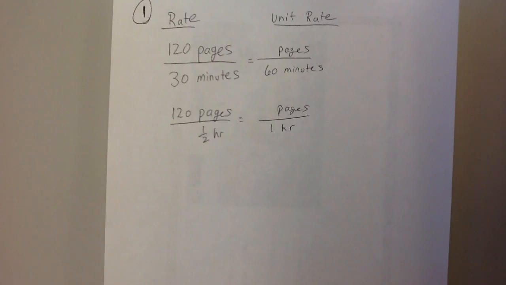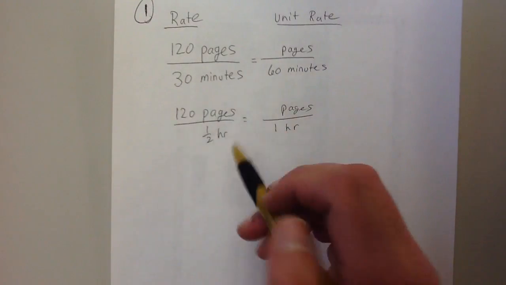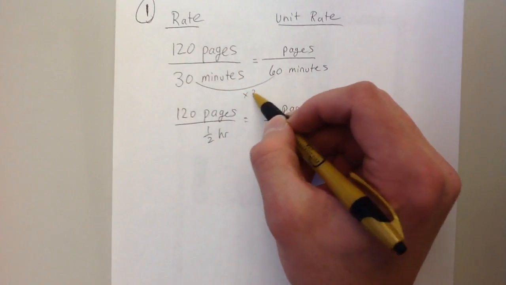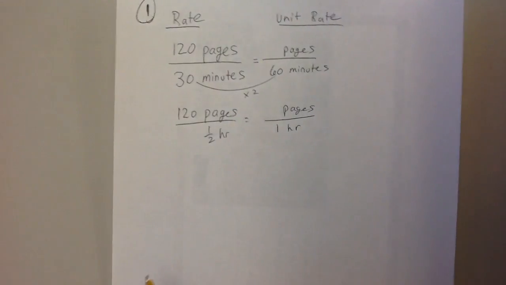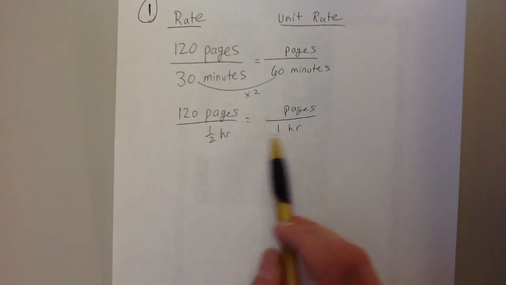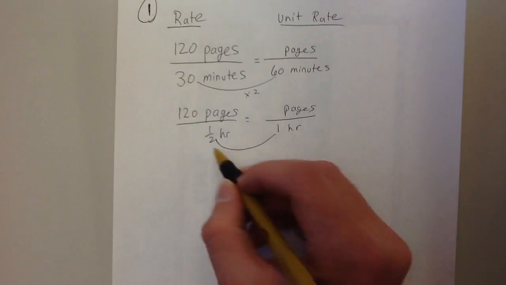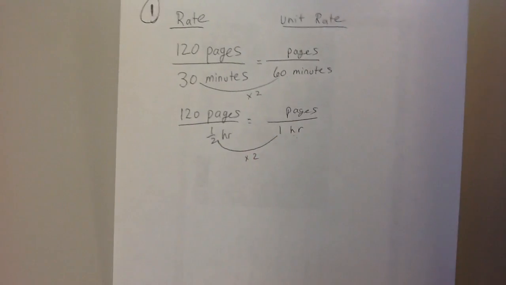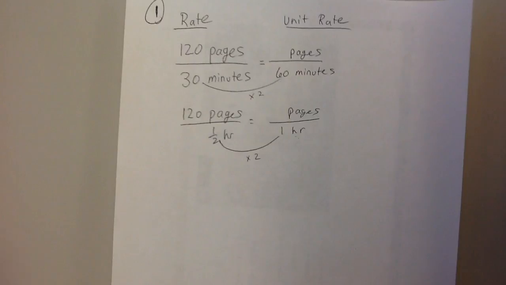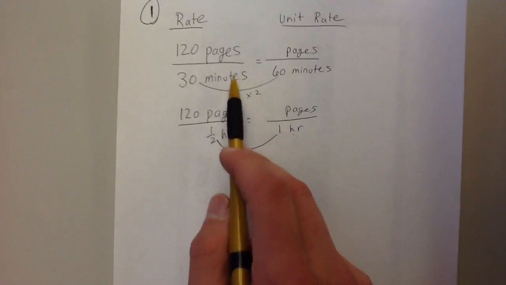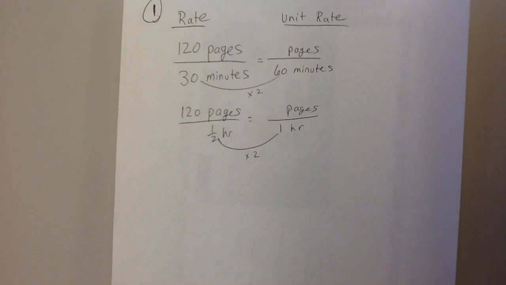But in both of them, look how we multiply the denominator by 2. To get from 30 to 60 minutes, we multiply by 2, right? 30 times 2 is 60. And using hours for the measurement of time, we can go 1/2 to 1. If we multiply 1/2 times 2, we're going to get 1. All right, so it really doesn't matter what rate you use. You can use pages per minute or pages per hour.